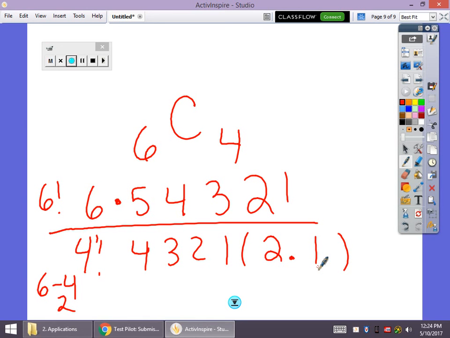If you notice, all of that is given to you in the formula. So it is the choice factorial over the slot factorial times the choice minus the slot factorial. 6 minus 4 is 2. Now I'm going to come through and cancel out.